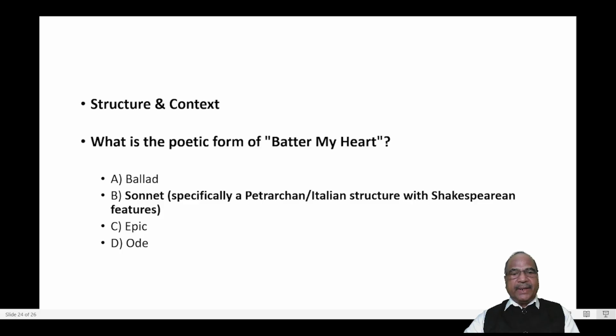So it is a Petrarchan sonnet, and you also note that Petrarch is an Italian poet. He first used the sonnet, and this sonnet was later transported to Britain by the Earl of Surrey and Thomas Wyatt, who brought this Petrarchan sonnet to the UK.